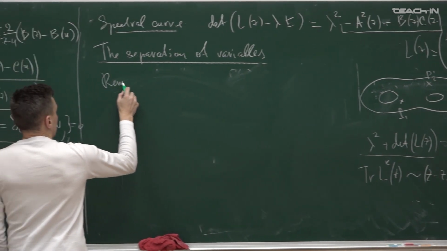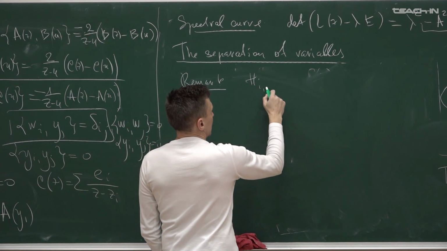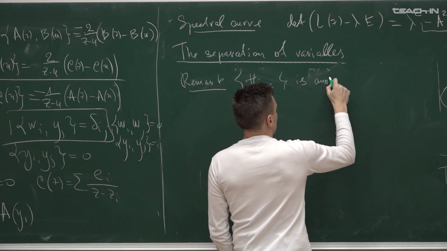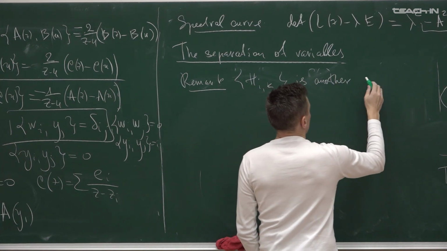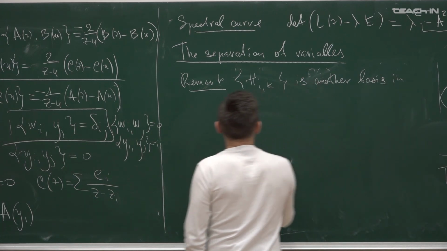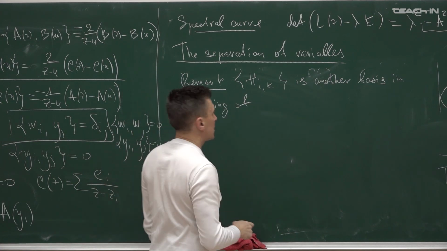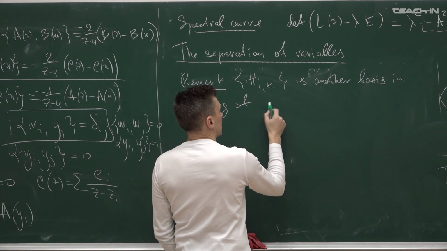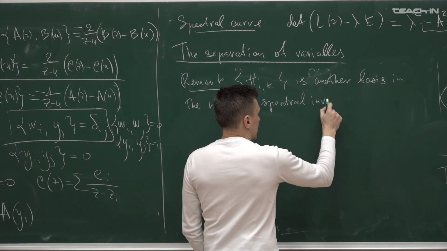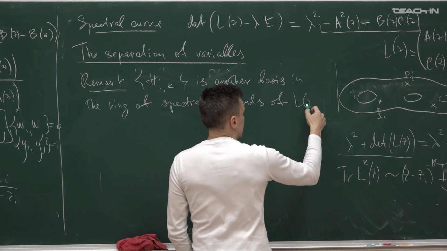Remark: h_{i,k} is a basis in the ring of spectral invariants of L of z.